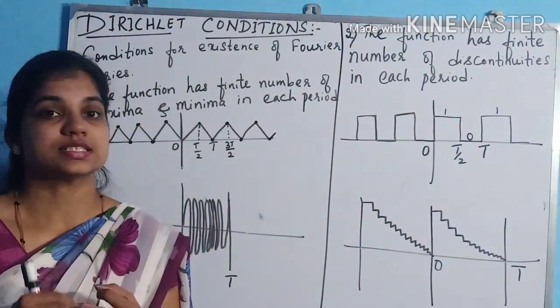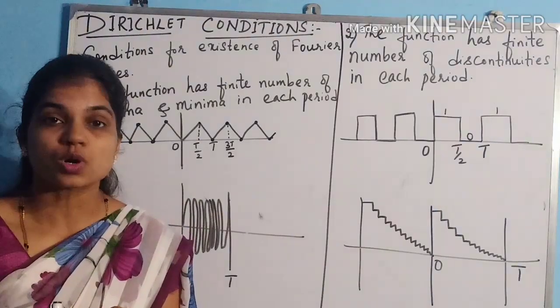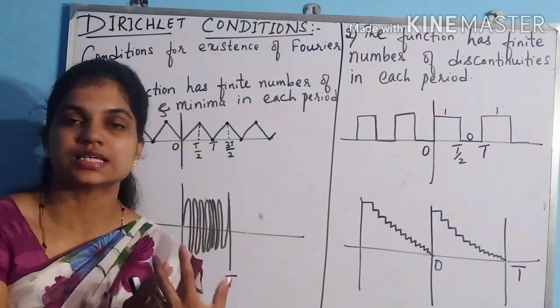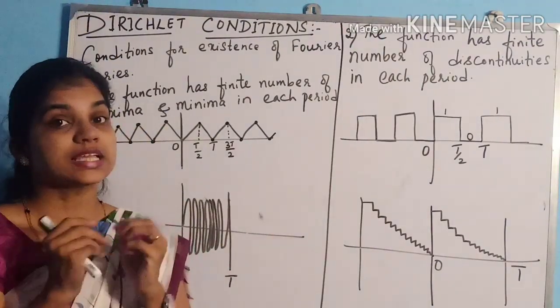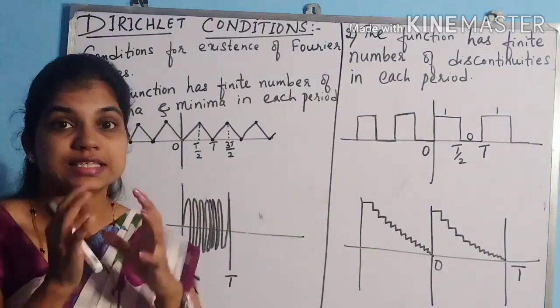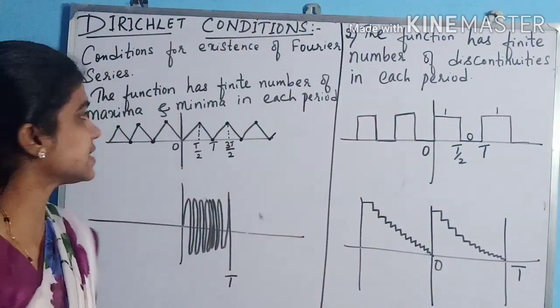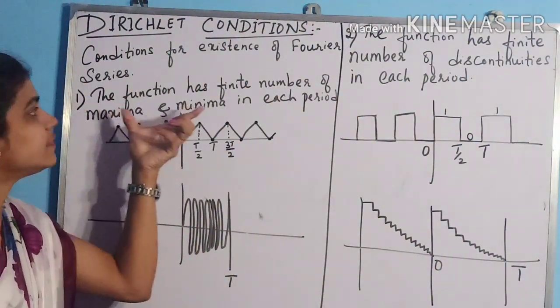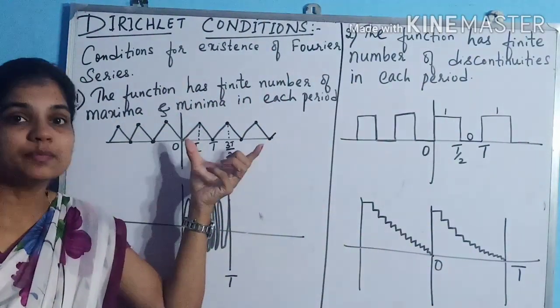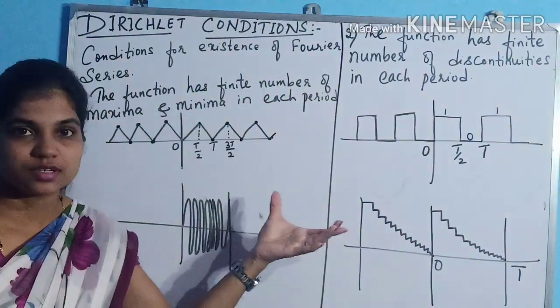The first and the second conditions are the strongest, and the third condition is usually the weakest condition for the existence of the Fourier series. So when do we say the Fourier series exists? The first condition says the function has a finite number of maxima and minima in each period, right?